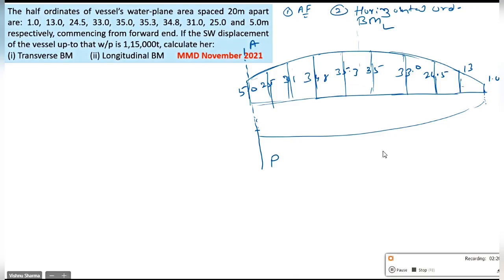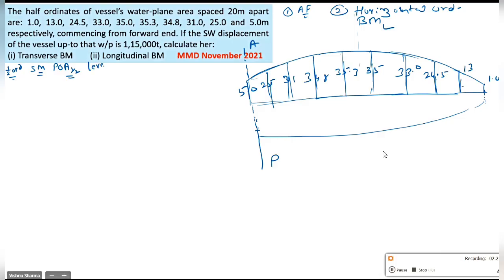So now, for horizontal ordinates, we know what the structure of our table is. Let's continue with half ordinates because they are given. Why double them up? So we'll have the half ordinate column, Simpson's multiplier, and the product for half area, because that will give us half area only.